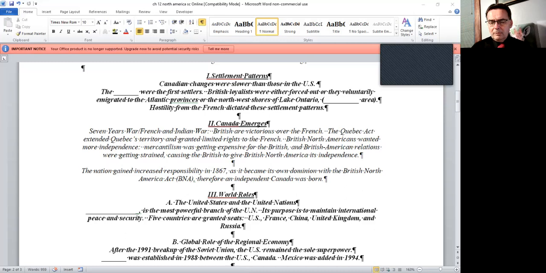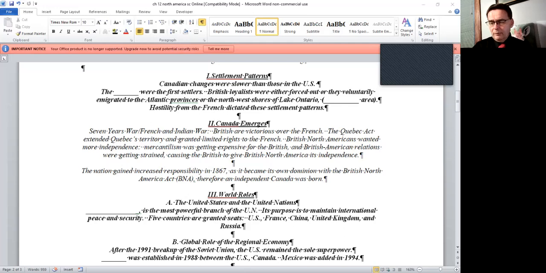The 7 Years' War, or French and Indian War. The 7 Years' War was the global term for the friction between the British and the French, which was ongoing. The balance of power around the globe seemed, right at that time, to shake out to those two. Here in North America, it was the French and Indian War, which spilled over into the US as well.